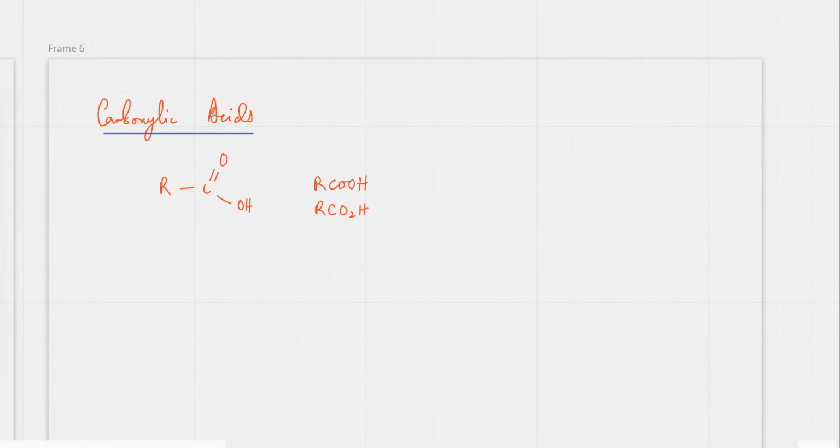Now, this one is always going to be position number 1. So that means you don't have to give it a position because it's always position 1. Remember, whenever you see a carboxylic acid, that carbon is position number 1.